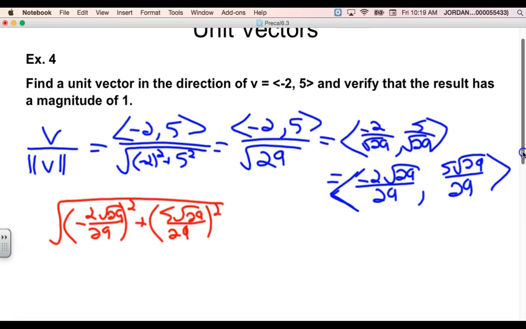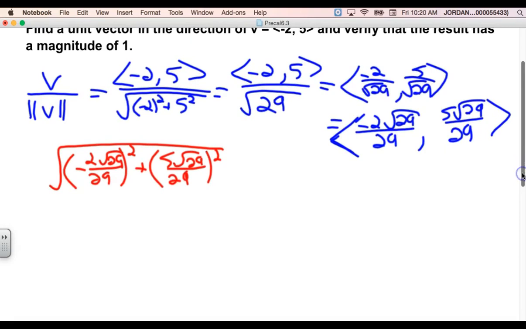You've got to remember that whenever you square a fraction, you square the numerator and you square the denominator. So we square 2, which is 4, and of course the negative times the negative makes it positive. When you square the square root of 29, that's just 29. Then on the denominator, when you square 29, you get 841.